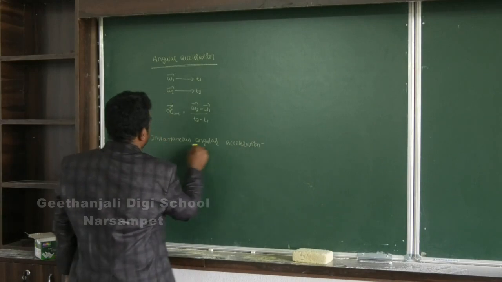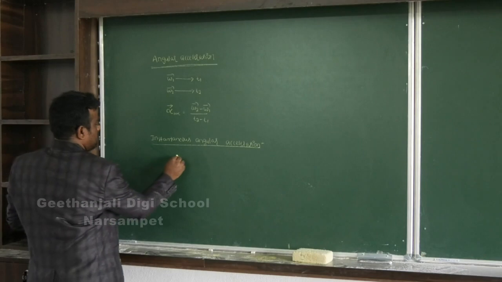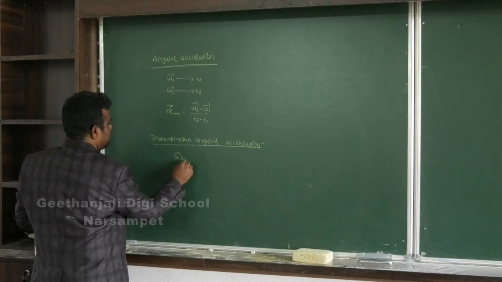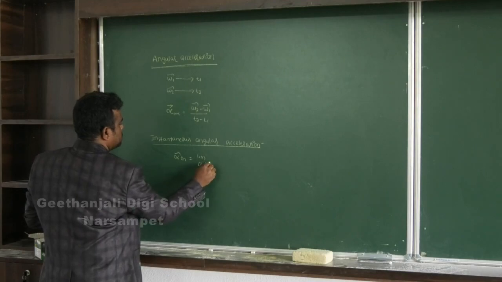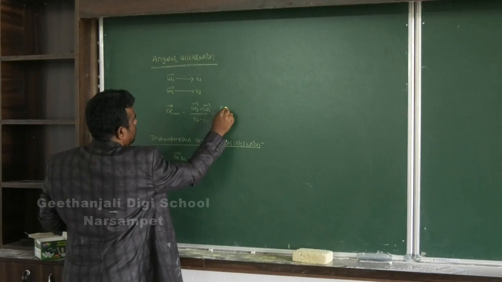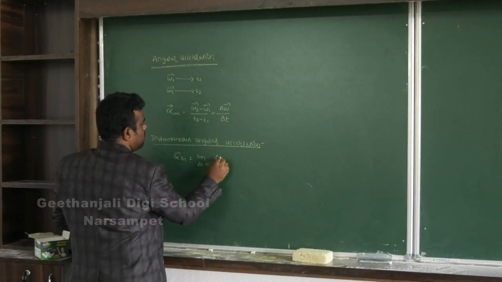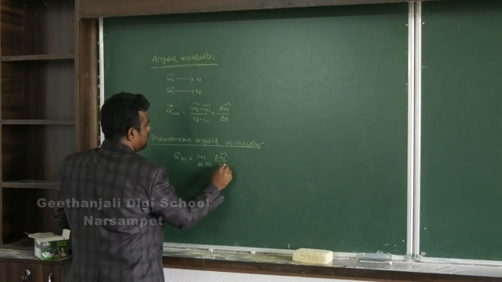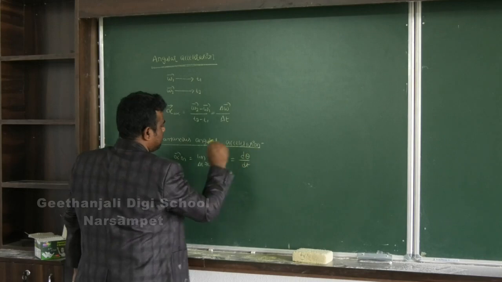Instantaneous angular acceleration. So it is very simple. Instantaneous angular acceleration is equal to limit delta t tends to 0 of delta omega by delta t, that is d omega by dt.